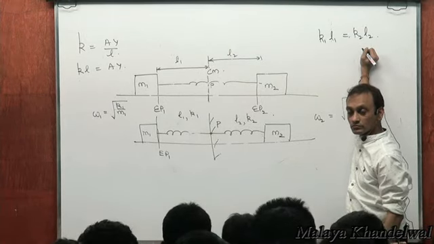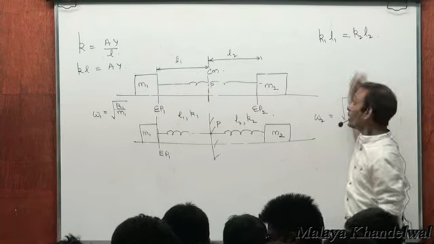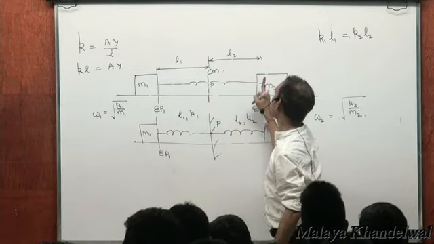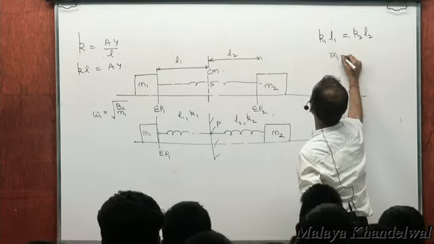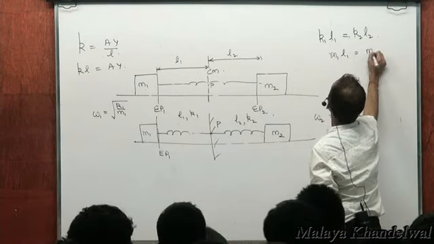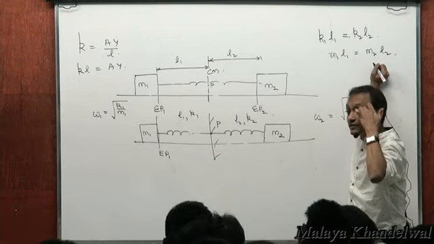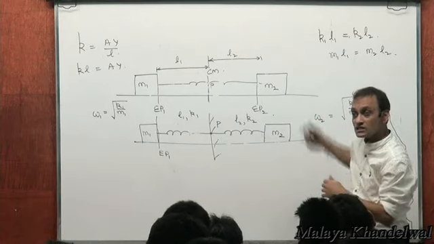Right? And if this is the center of mass, the moment of this mass about the center of mass must be equal to the moment of this mass about the center of mass. So can I not say m1 L1 is m2 L2? That's a dictum on the center of mass.